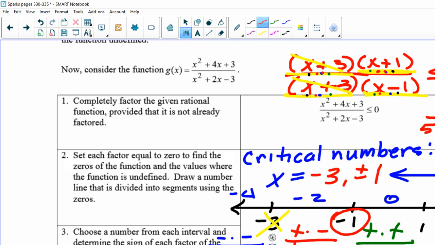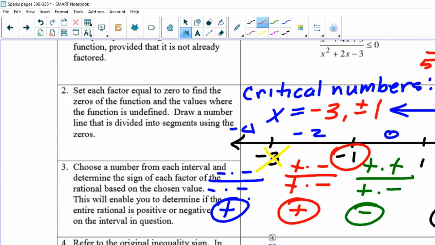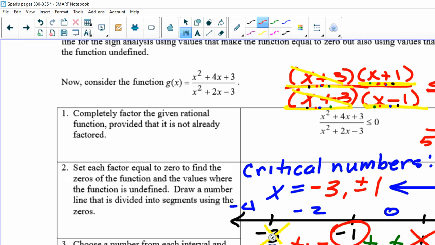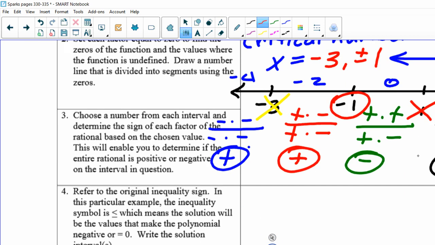That's undefined. That doesn't work either. The only time I'm checking those critical numbers is when I have the or equal to 0, because I want to know if I'm going to have to use brackets or parentheses. What's our answer then?